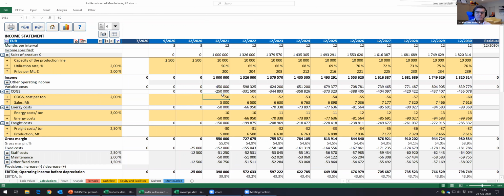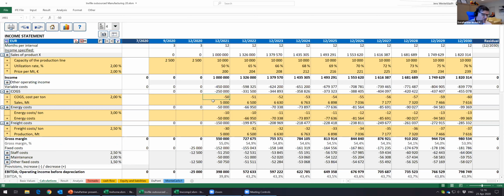But in this particular case, the idea is not to enter it, but to make a goal seek at what price it is equal to producing ourselves. At what price is just as profitable as producing ourselves. So if we can then buy it at a lower cost, then it's a better option.